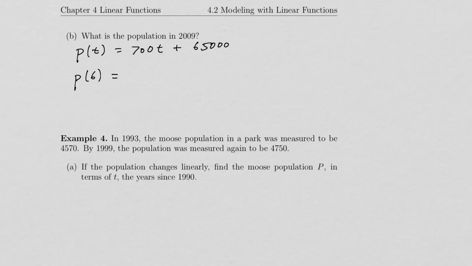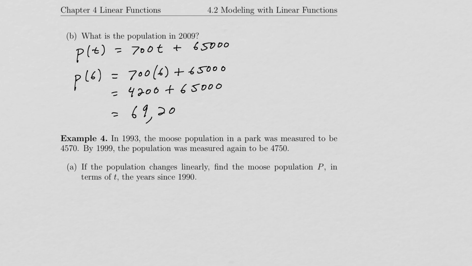So wherever I have a t, I'm going to plug in a 6. So this is 4,200 plus 65,000. And if you work that out, it turns out it's 69,200 people. Right? They're really units, it's the population in number of people. So 69,200 people.